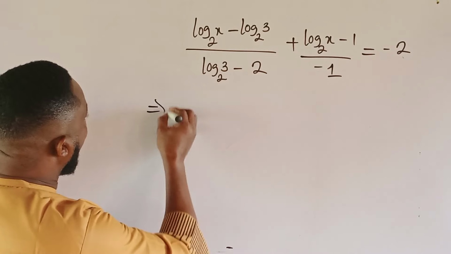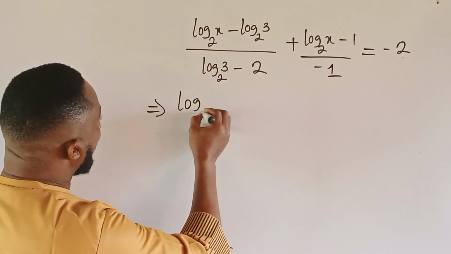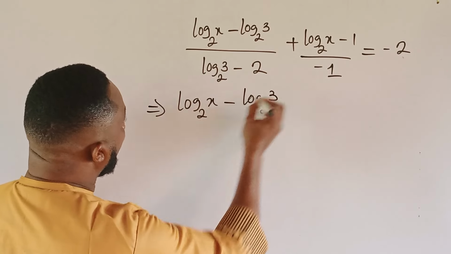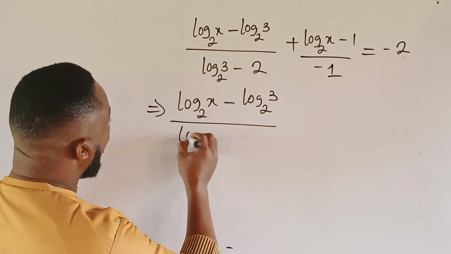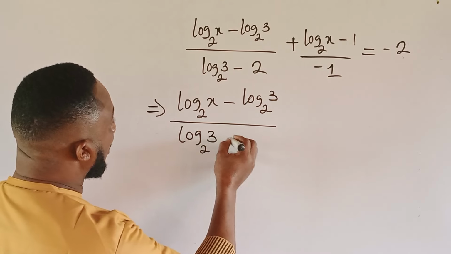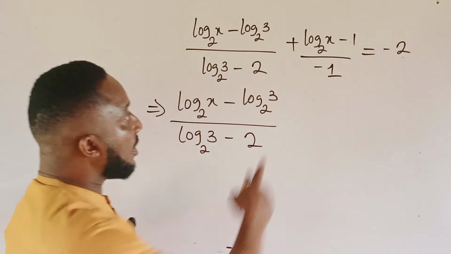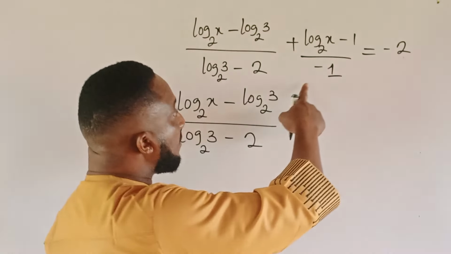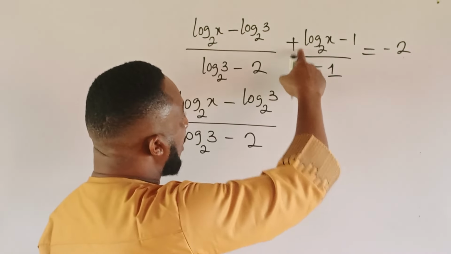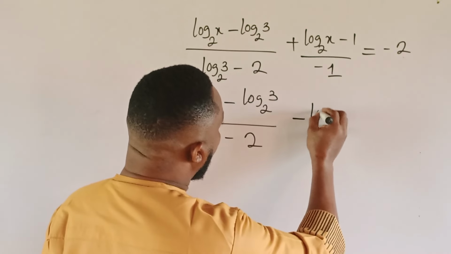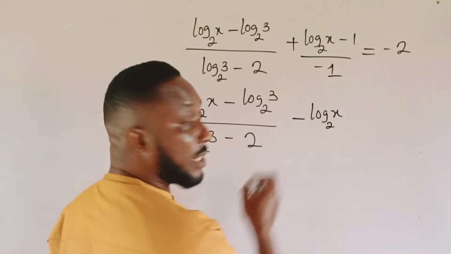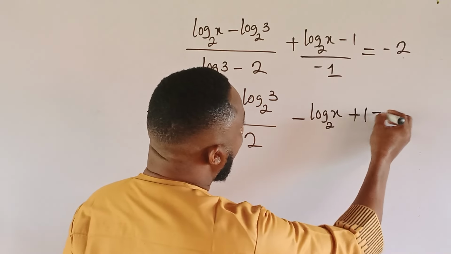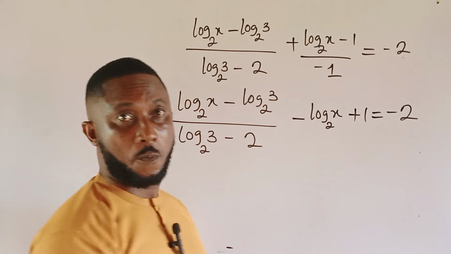So we are going to be having log to base 2 of the argument x minus log to base 2 of the argument 3, all upon log to base 2 of the argument 3 minus 2, plus minus log to base 2 of the argument x, and minus 1 divided by minus 1 will give us positive 1. Everything equal to negative 2.